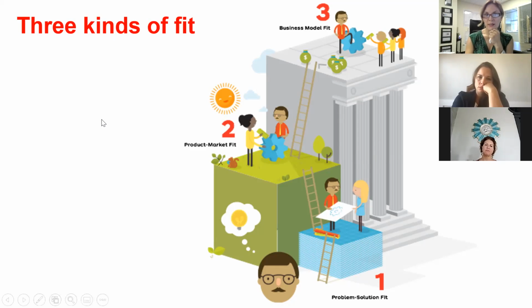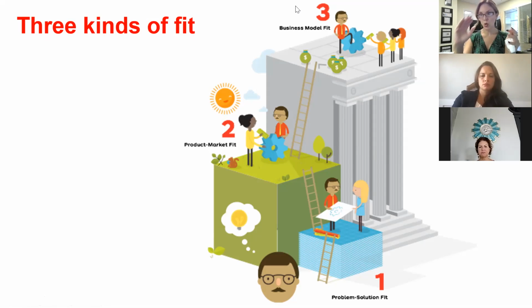And there are three kinds of fit actually. The problem solution fit is when you give the solution to that customer. The product market fit is when your product fits in the market. And then the business model fit is when the whole business model of the company fits with your end users.